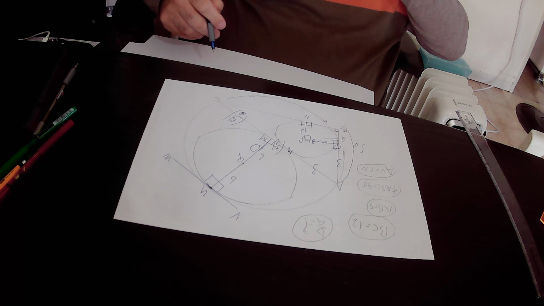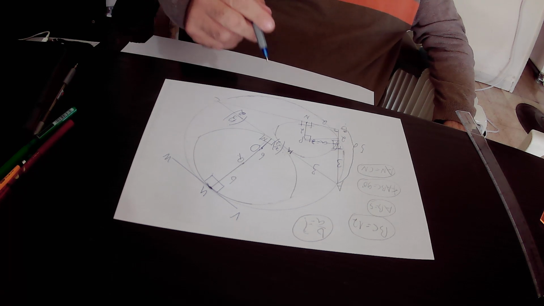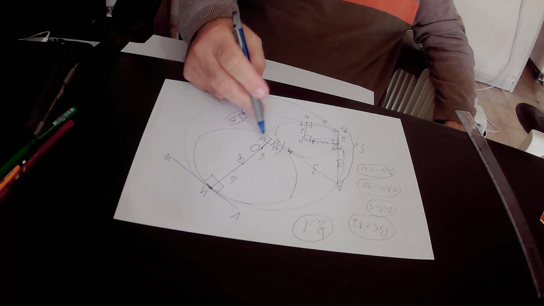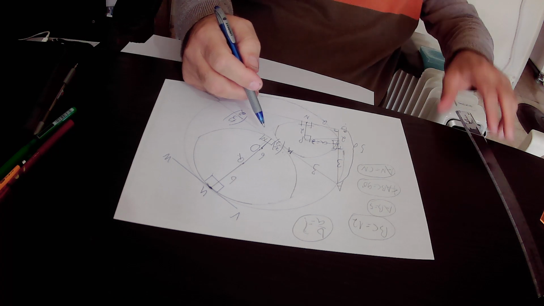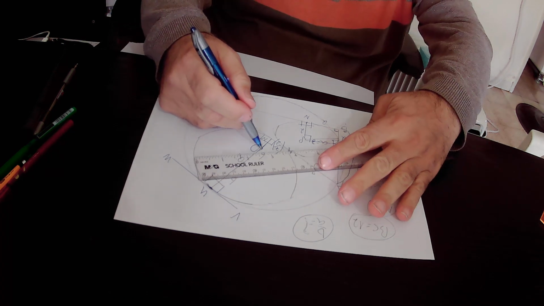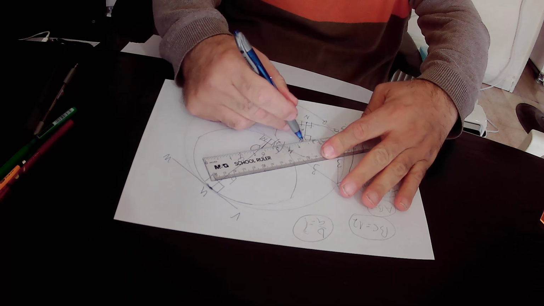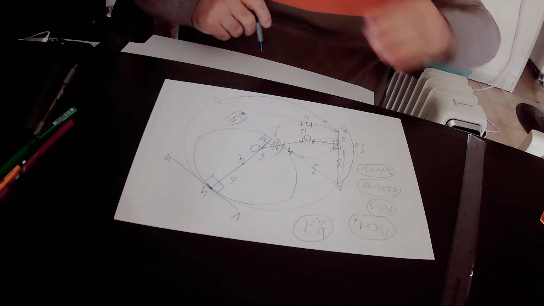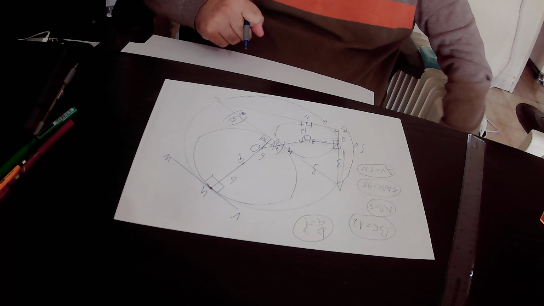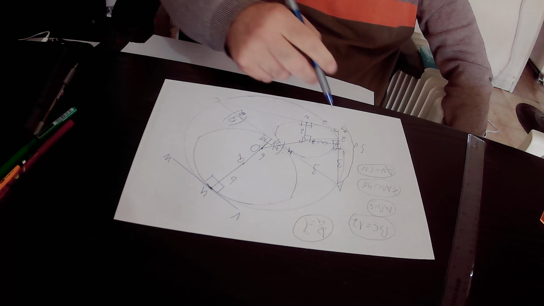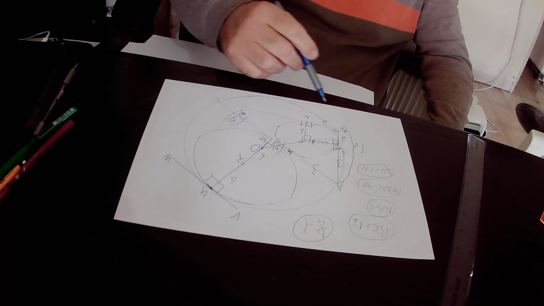So in the next step, we join the center of the biggest circle with the center of this circle. That is to say, we join points O and P together by a straight line. The smallest circle has an internal touching with the biggest circle.